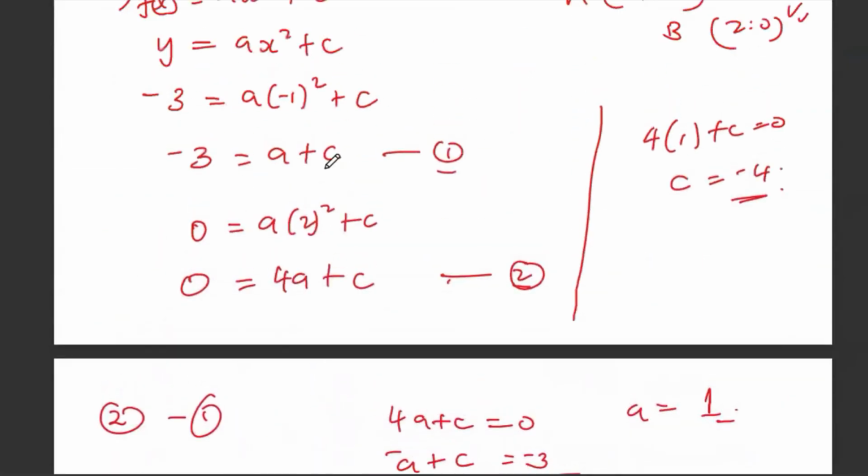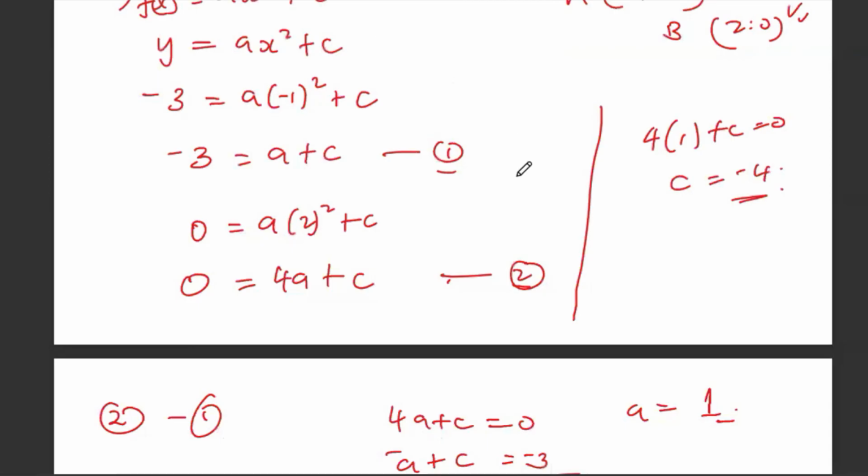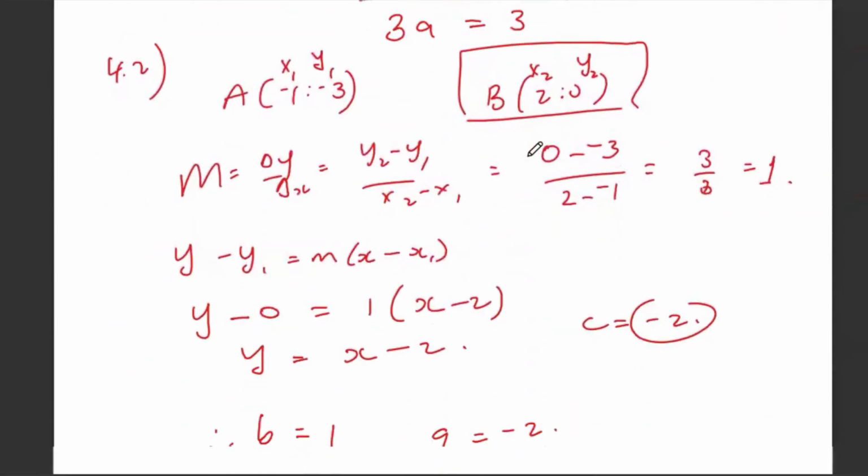And then our c is -4. So it is just x squared minus 4. This is f. And then the g, remember we got x minus 2. This one is minus 4, this one is minus 2.